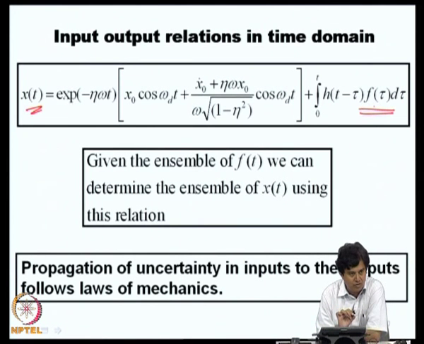If f of t is Gaussian, how do we say what should be the probability distribution of x of t? To answer that question, you have to write equations of motion using D'Alembert's principle or some variational argument, and then only you can answer that question.